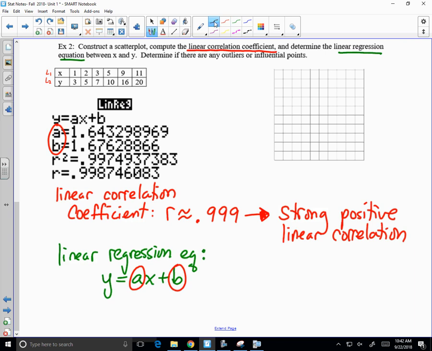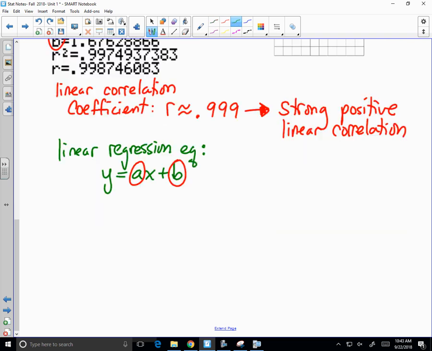So we're going to rewrite this equation, keep the x and the y in your equation, but replace the a and the b with the numerical values. So y equals about 1.643x plus 1.676.